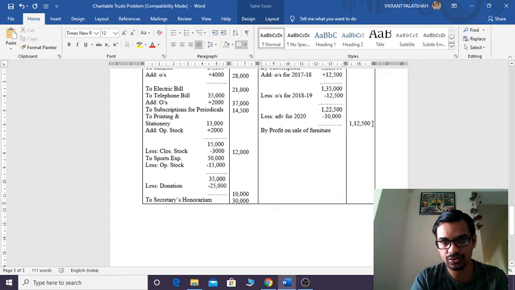Therefore, by sale of food stuff, that we have to show here. By sale of food stuff, and how much is that? It is of rupees 1 lakh.